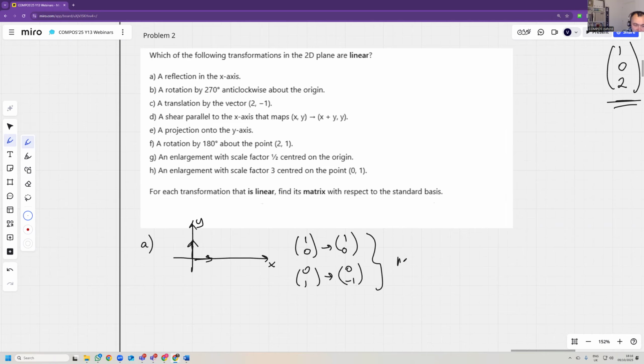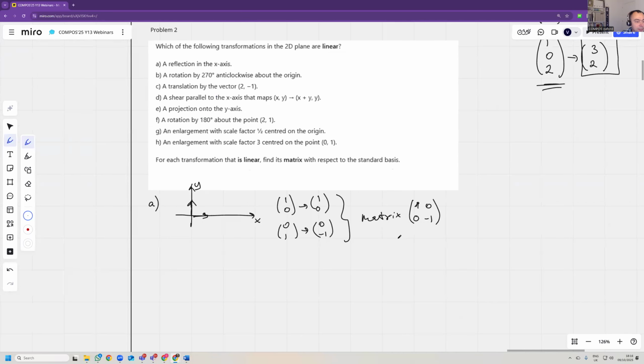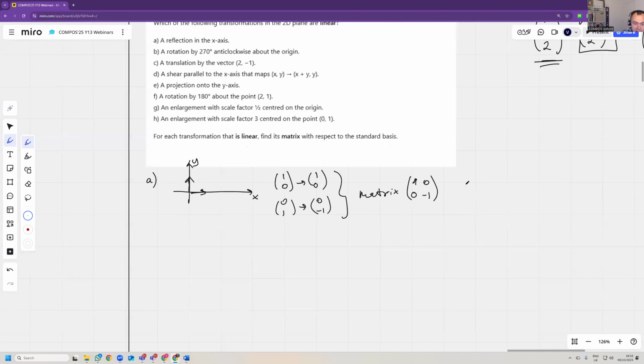So the matrix is [1, 0; 0, minus 1]. Yeah, that's a reflection in the x-axis. It is linear.